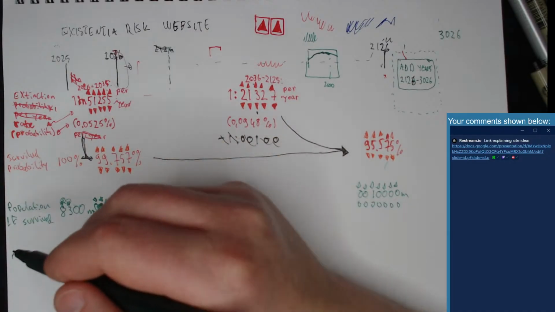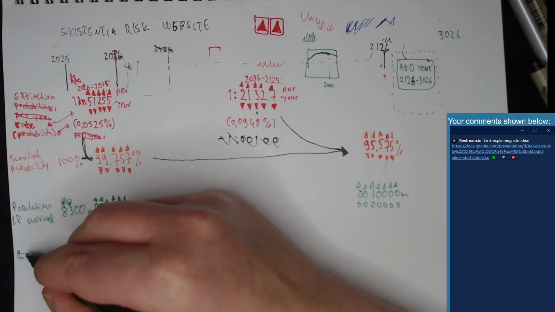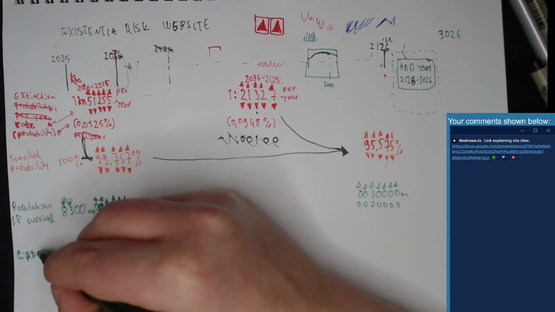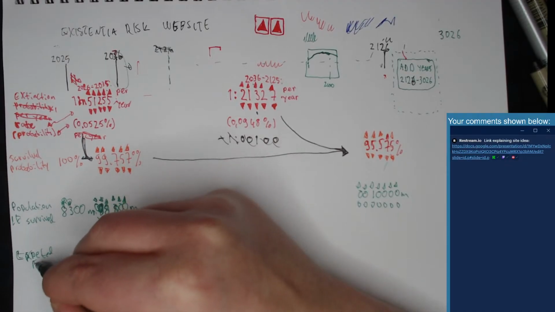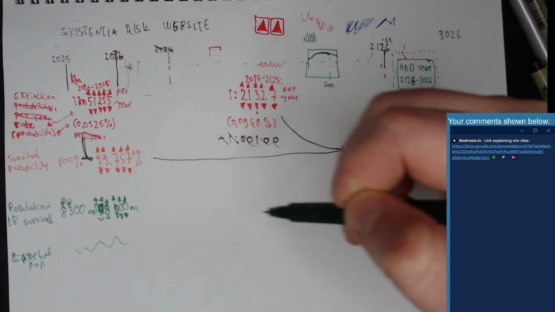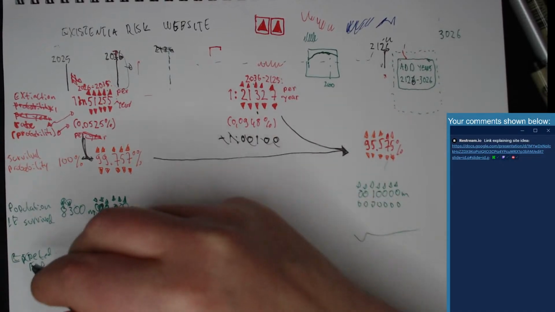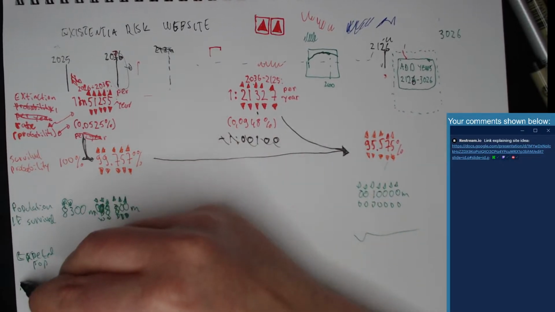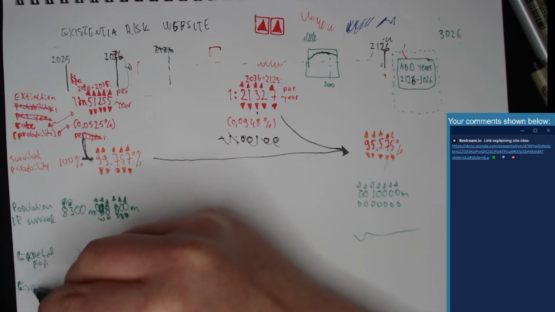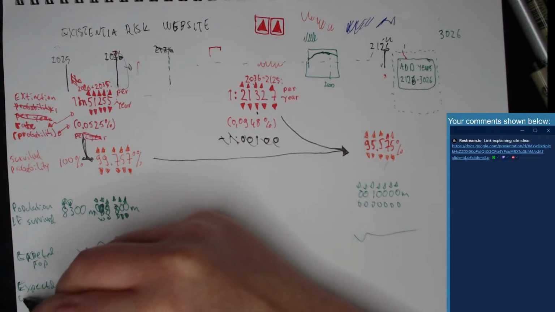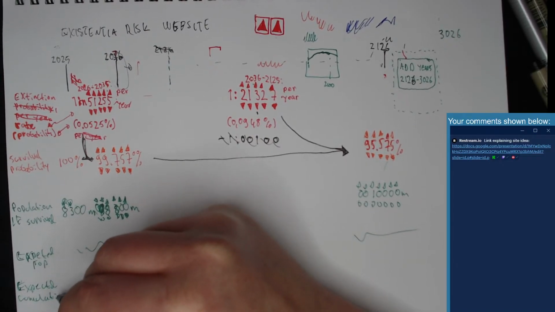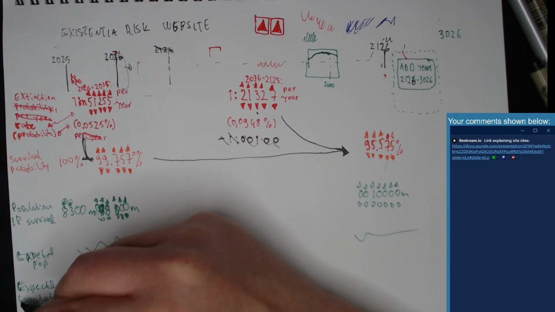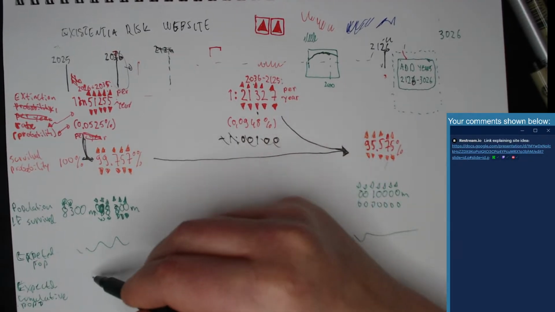Okay, if you have expected population here, we are not going to fill it out now, and then we have expected cumulative population.